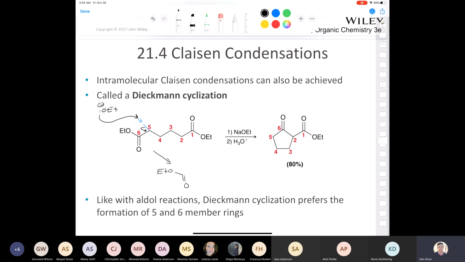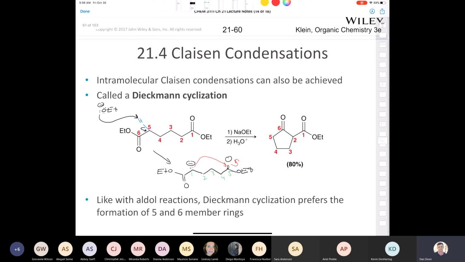We'd end up with this enolate, wouldn't we? And then we've got a good nucleophile and a good electrophile in the same molecule. So we're going to end up doing a nucleophilic attack like this. And if you count the carbons, you have a 1, 2, 3, 4, 5-membered ring. Like with aldol addition or aldol condensation, Dieckmann cyclization prefers the formation of 5- and 6-membered rings.